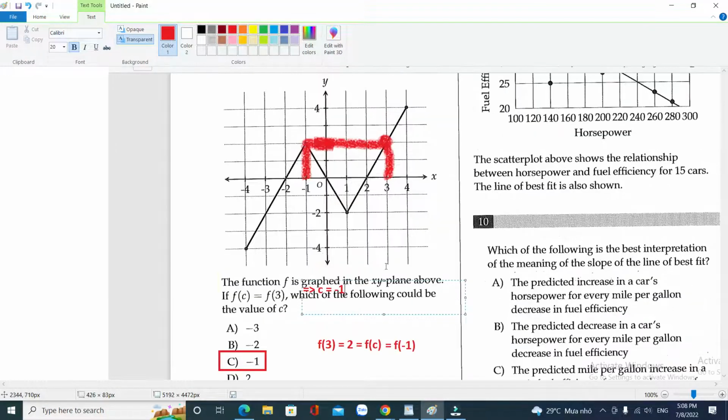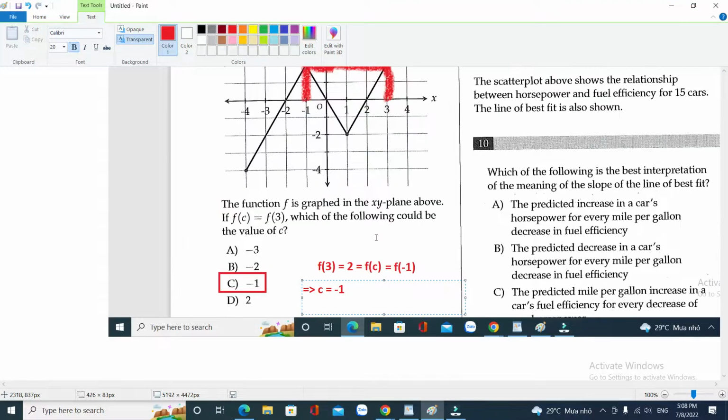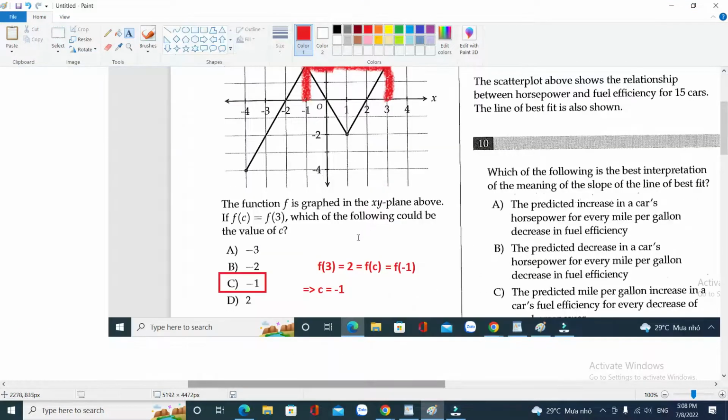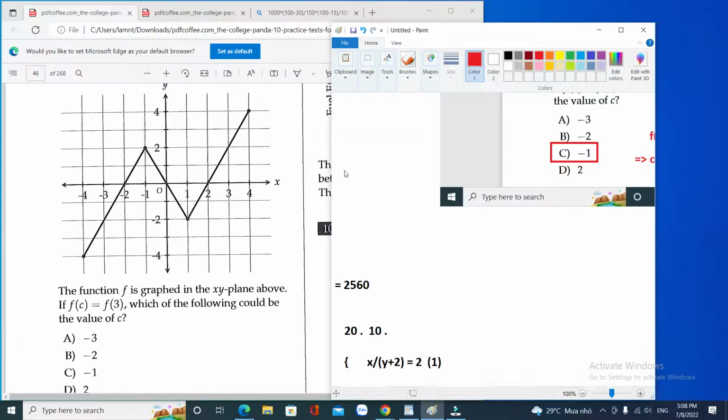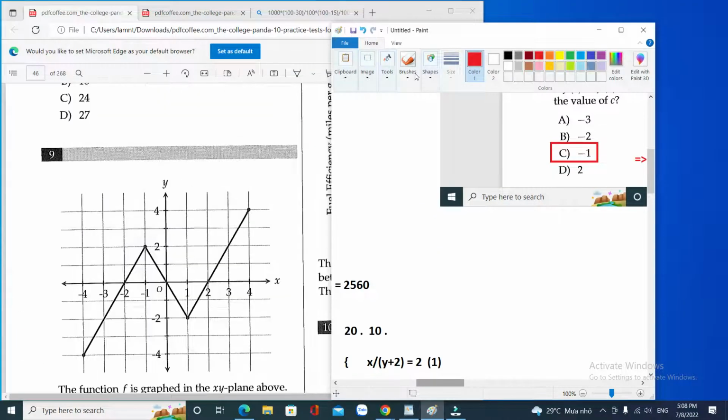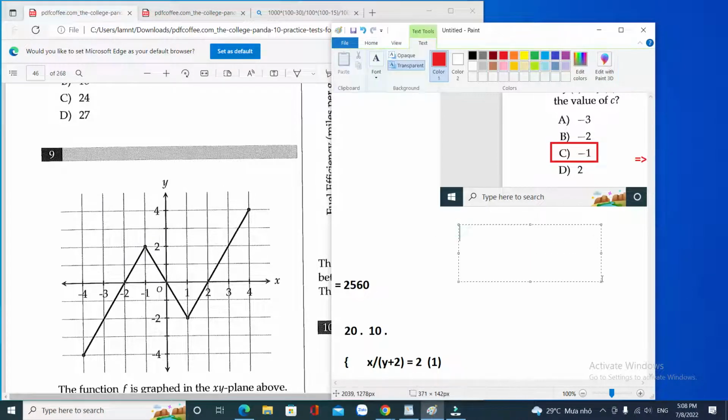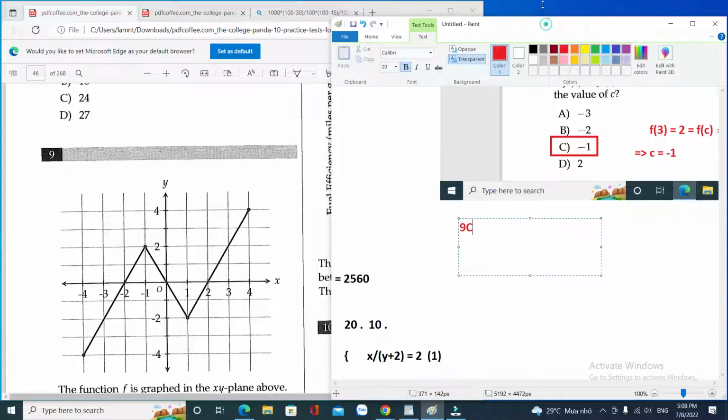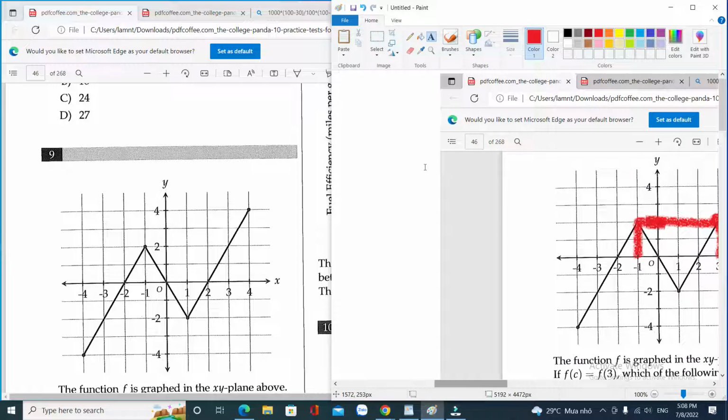So the answer for that question is C. So that's 9C. Alright. Okay, so let's check number 10.